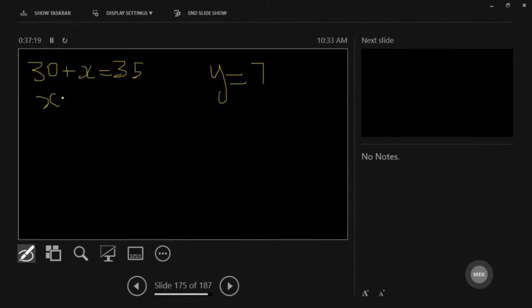So x is equal to 35 minus 30. So x is equal to 5.